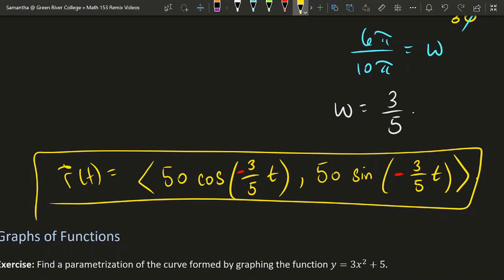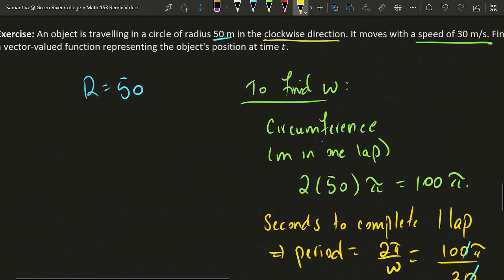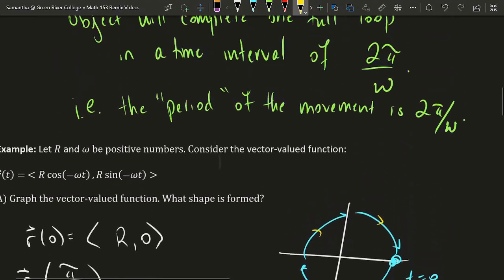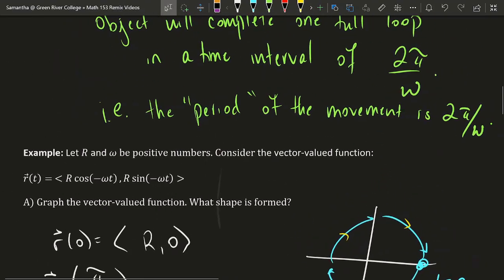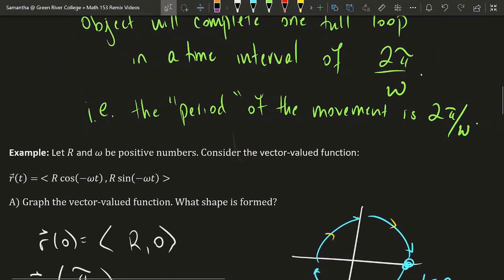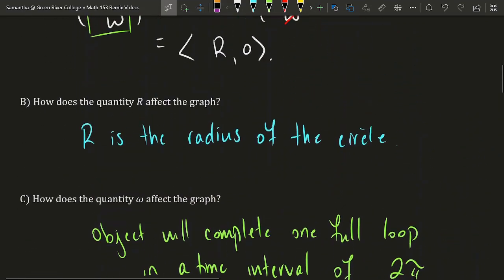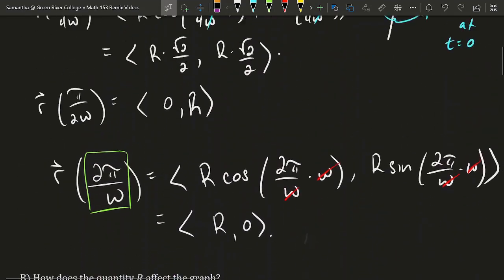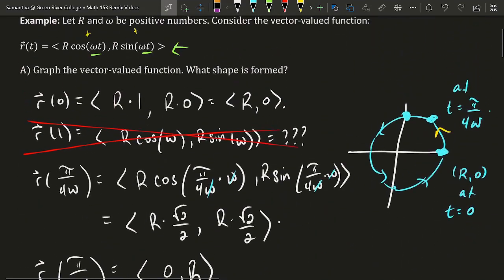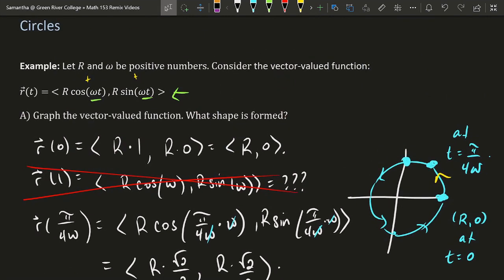So, in summary, the formulas given above, r cosine, sine, and r cosine sine with negative inputs, are what we use to parameterize circular motion. The value of capital R is equal to the radius of the circle.